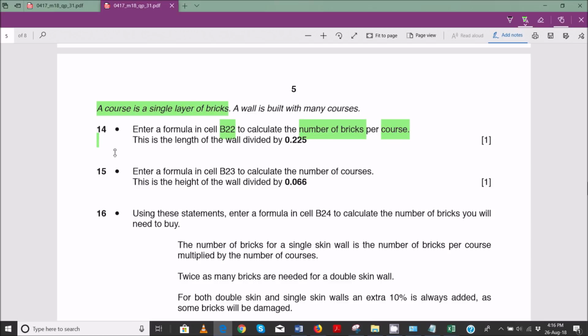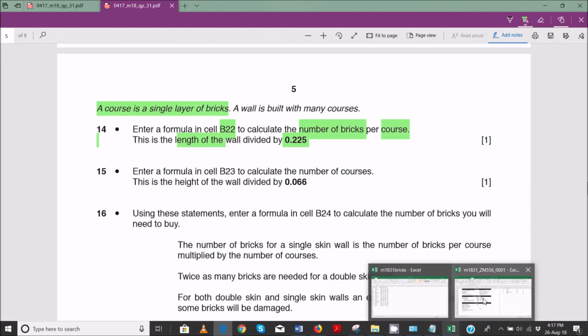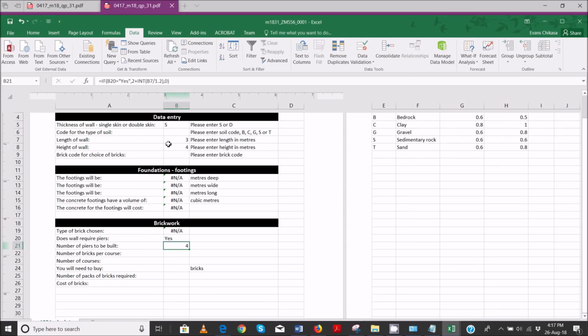This is the length of the wall divided by 0.225. So number of bricks per course equals the length of wall, which is this one, divided by 0.225.